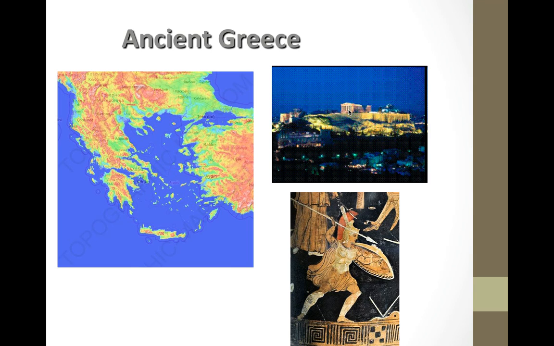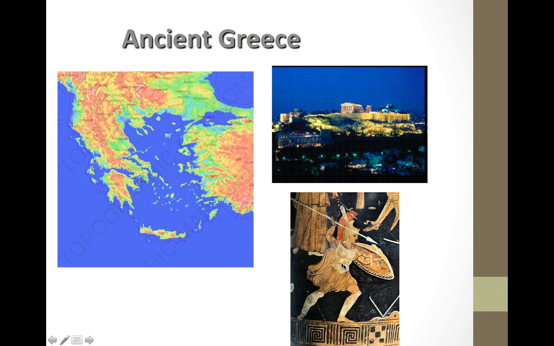They're basically fortifications high up on a hill that also had structures such as temples built on them. The word Acropolis comes from two Greek words: acro, which means high up, and polis, which is another word we'll come back to, which means city. So Acropolis literally means high over the city.